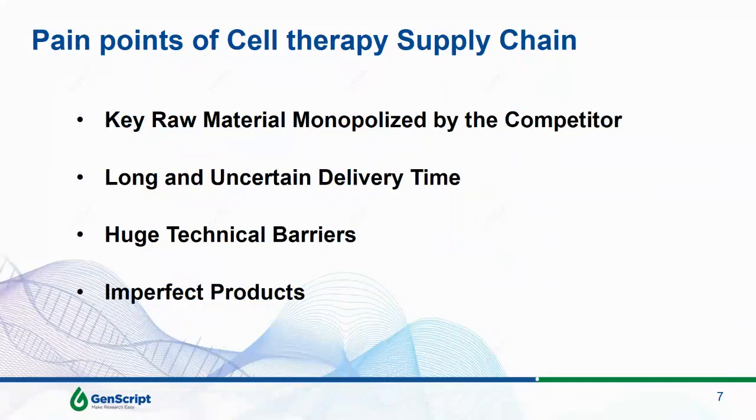So generally, these are the pain points of the supply chain for cell therapy companies: monopolization by this single competitor, which causes a lack of backup supplier, and long and uncertain delivery time, which makes the customer have to use the beads quickly and buy more often. Meanwhile, we have to admit the technical barrier of this key raw material is pretty high.